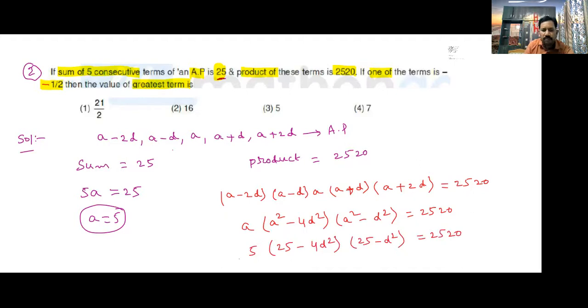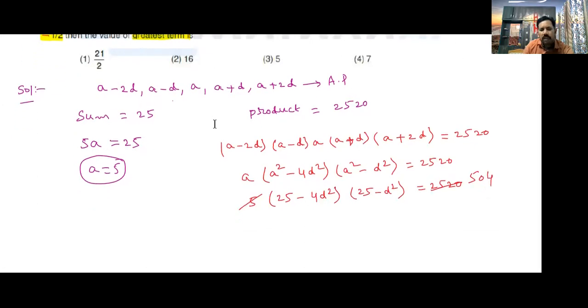Now 5 will cancel this, 504 will come. Now multiply these two: 625 minus 25d square minus 100d square plus 4d power 4, that is equal to 504.